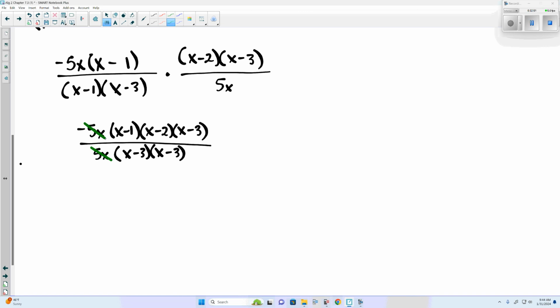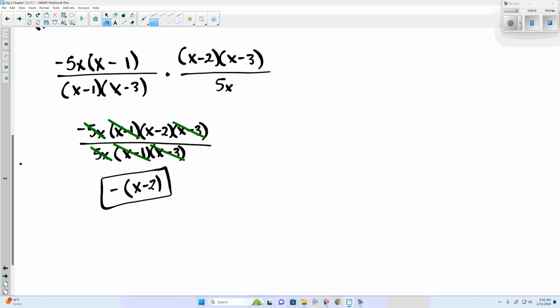Yeah. We also have the x minus 1 and x minus 1. I accidentally wrote that as x minus 3. And we also have the x minus 3 and x minus 3. Negative x minus 2. So we have the negative parentheses x minus 2 close parentheses.